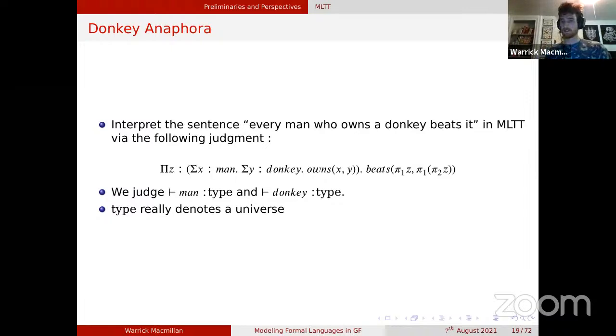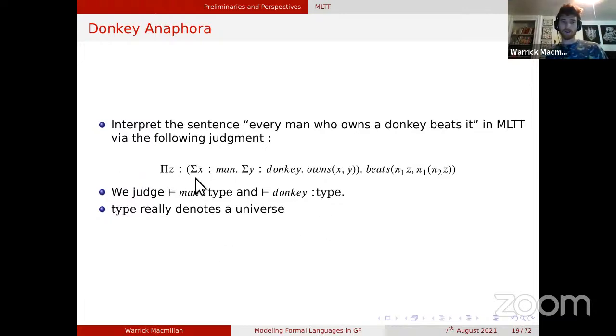The genesis of Martin-Löf type theory and the post-Montague tradition of linguistic semantics came from Martin-Löf and Göran Sundholm. They were talking over dinner and Martin-Löf apparently wrote this on the back of a napkin, how to encode this where you interpret common nouns as types.